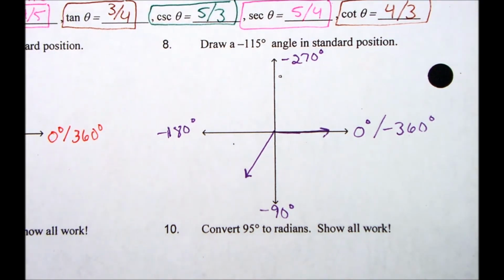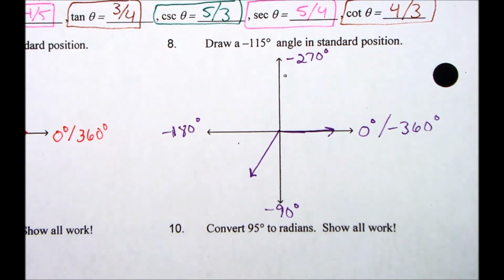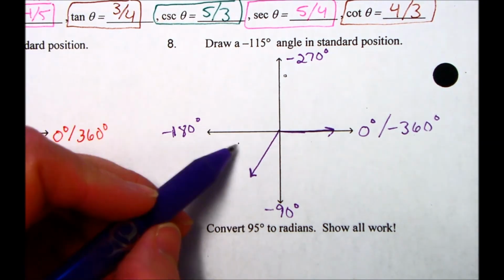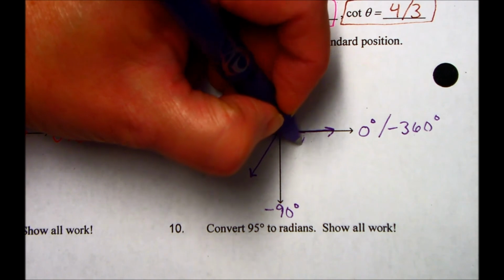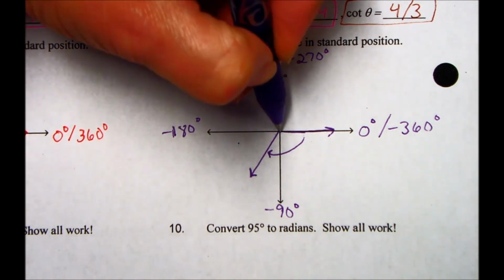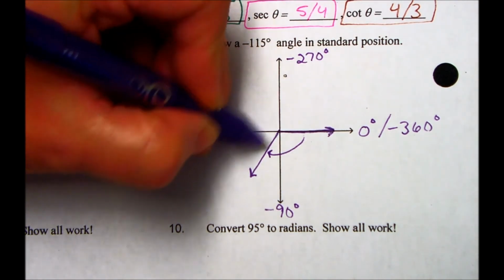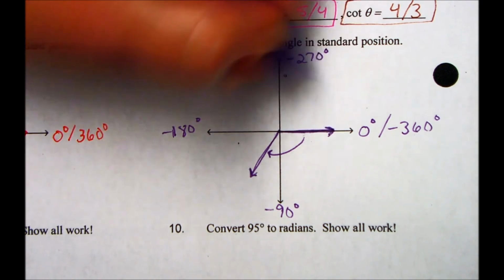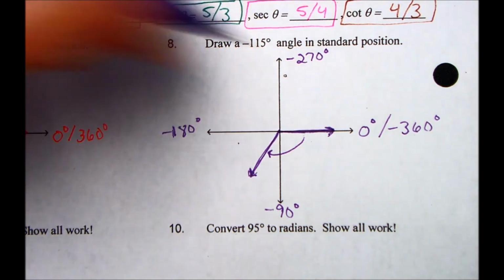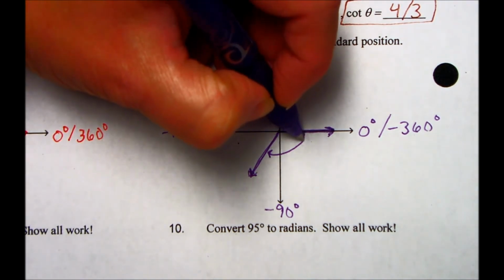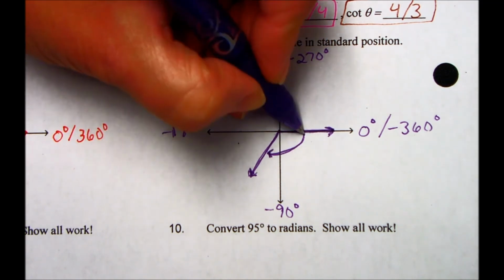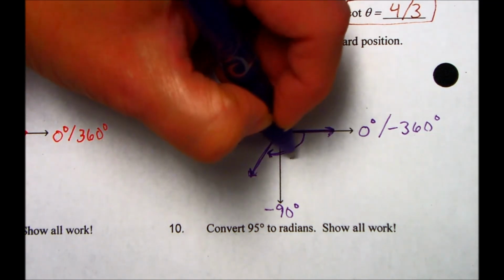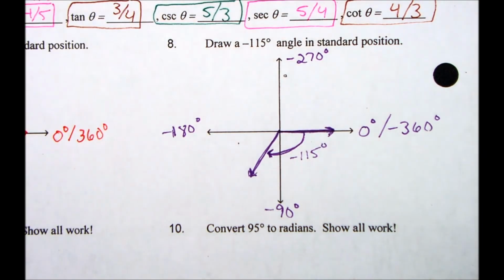So it actually ends up looking very much like the last one. But instead of going in the positive direction now, we are going in the negative direction. So you have to have both sides to the angle, your initial side and the terminal side, and then you have to show that this arrow has to be on your drawing, showing that it's going in the negative direction and that it's a negative 115 degrees.